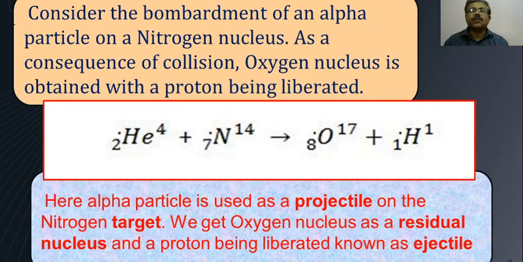The nitrogen nucleus which is targeted is known as the target nucleus, and the changed nucleus, which is oxygen in this case, is the residual nucleus, and apart from the formation of the residual nucleus we have a proton getting out in the form of an ejectile. So like this we have an alpha particle being the projectile and proton being the ejectile.